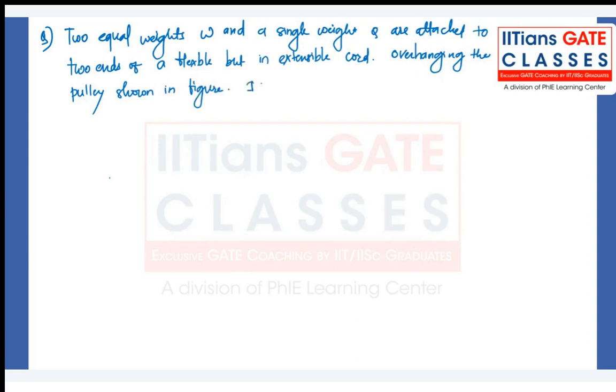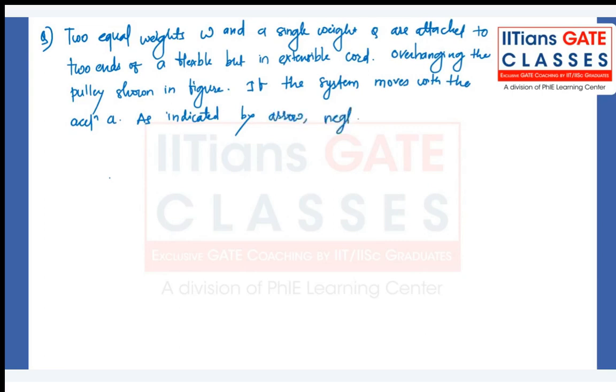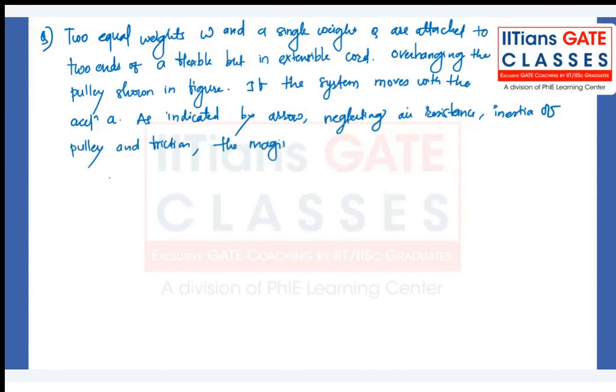If the system moves with acceleration A as indicated by the arrow, neglecting air resistance, inertia of the pulley and friction, the magnitude of weight Q will be.